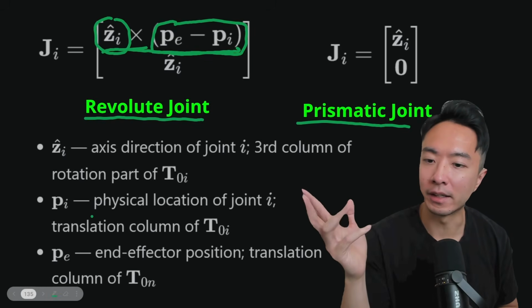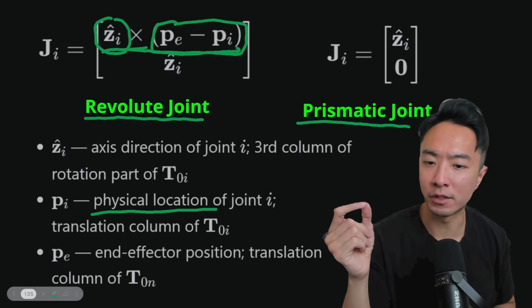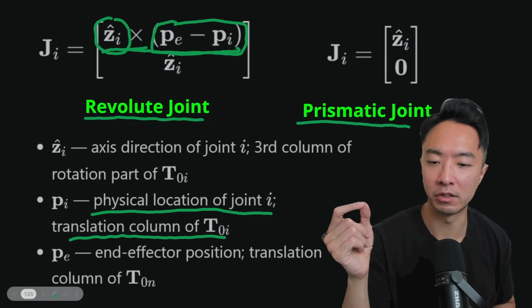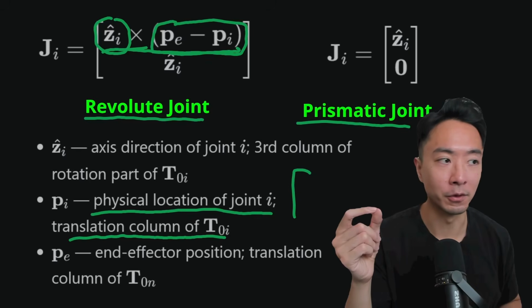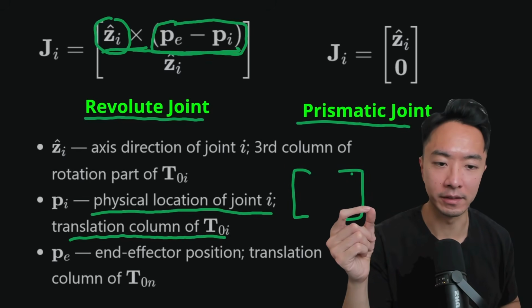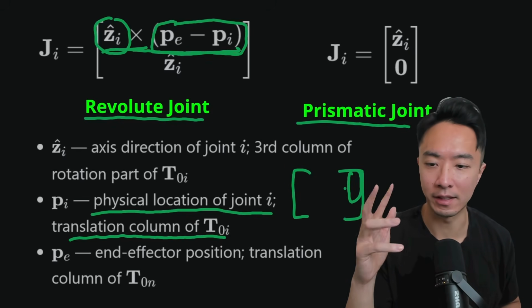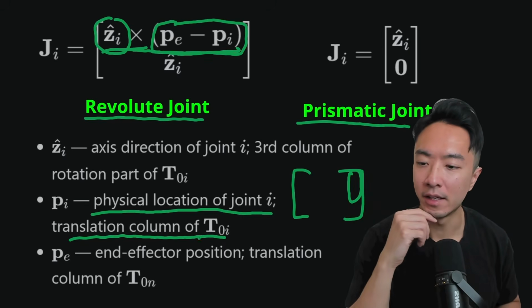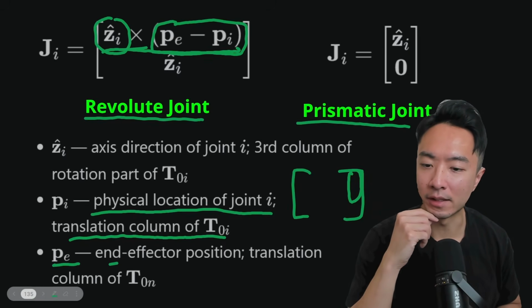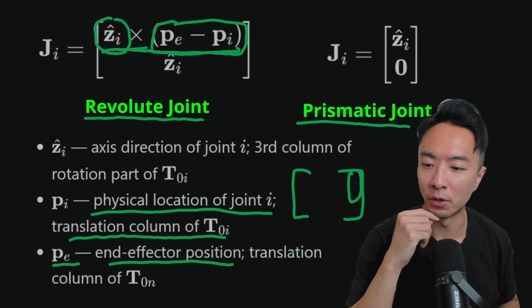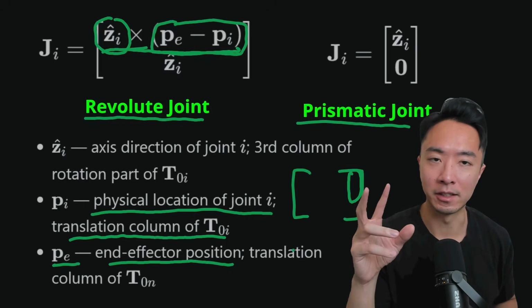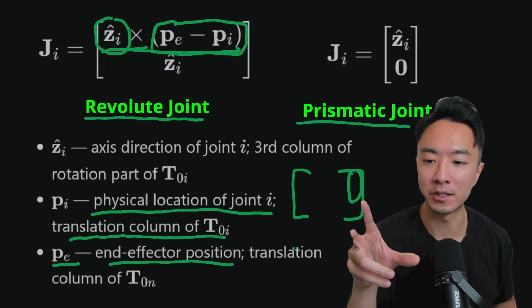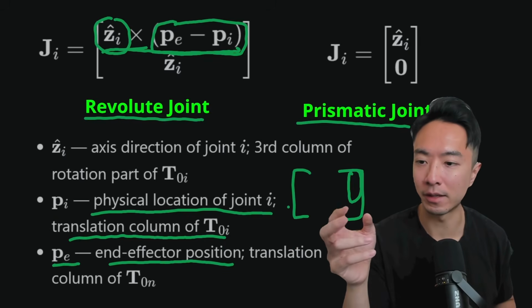So PI, the interpretation of that is going to be the physical location of joint I, which is also going to be the translation column of T0 to I. Okay, so if you have your 4x4 matrix, it's basically going to be this part of it that describes the translation part. And then PE is going to be the end effector position, or the translation of the T0 to n. So it's going to be basically the final transformation that you would get from your forward kinematics.